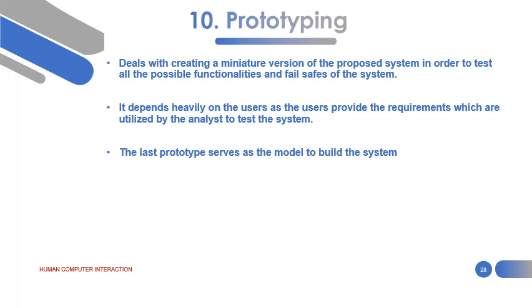It's not the final product yet, it is the product in its early stages, so that you get the users to give you their inputs, which helps you to develop a better system. So the last prototype serves as the model to build the system.